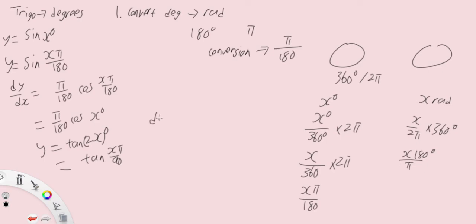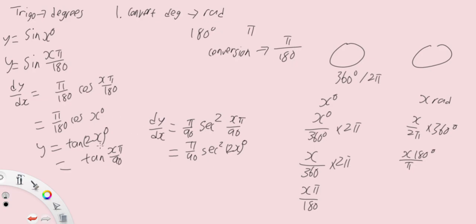Now I differentiate it: I get secant squared x pi over 90, then differentiate inside, pi over 90, then convert it back to degree mode, which is basically 2x degrees.